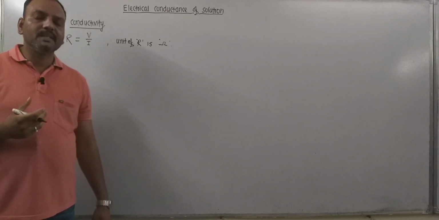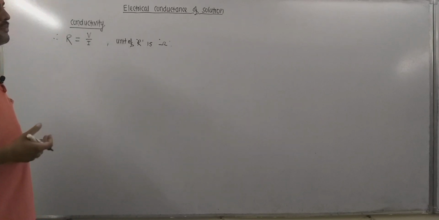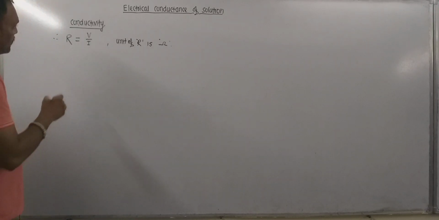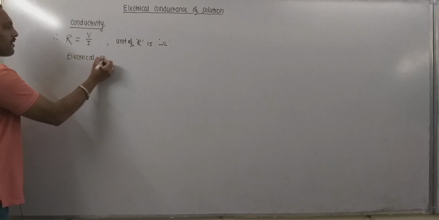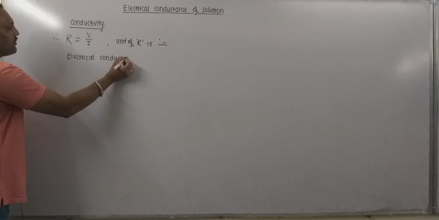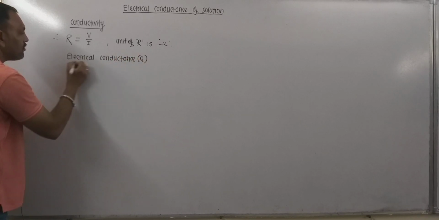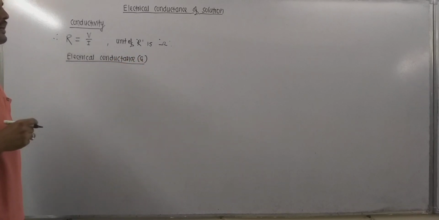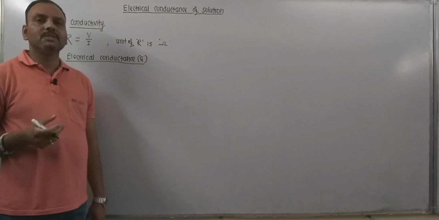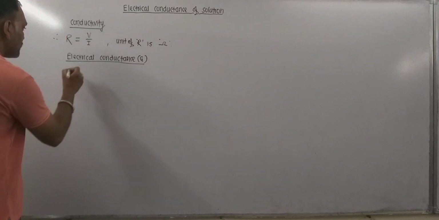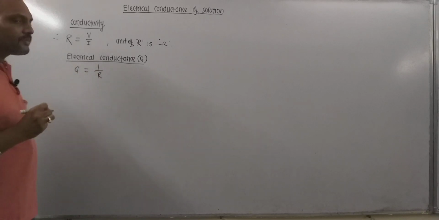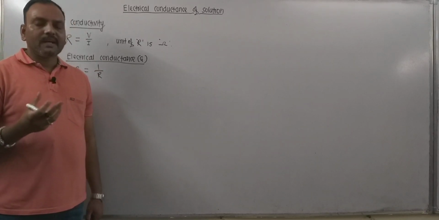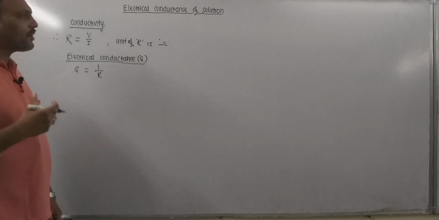Now, a very important thing, electrical conductance. Electrical conductance is the reciprocal of resistance. First of all, that is to be noted. So G is equal to 1 by R. So electrical conductance is the reciprocal of what? Resistance.